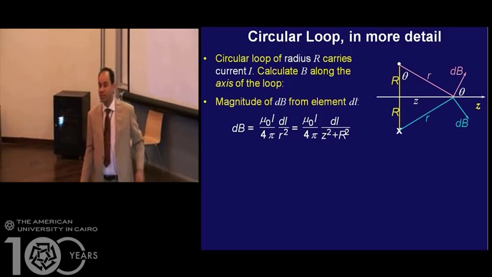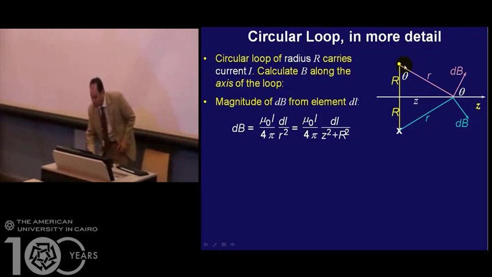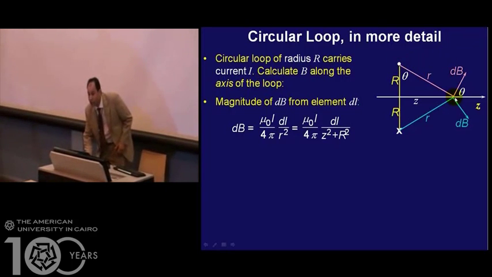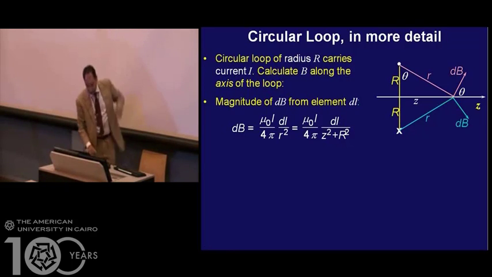That circle has to touch that point. Draw a circle centered in here, and touching that point. If you draw the tangent to the circle at that point, this will be the direction of the magnetic field.